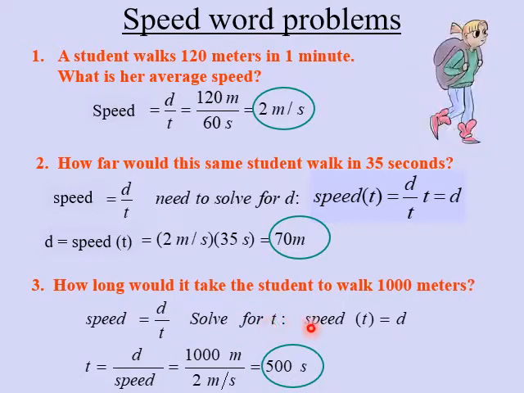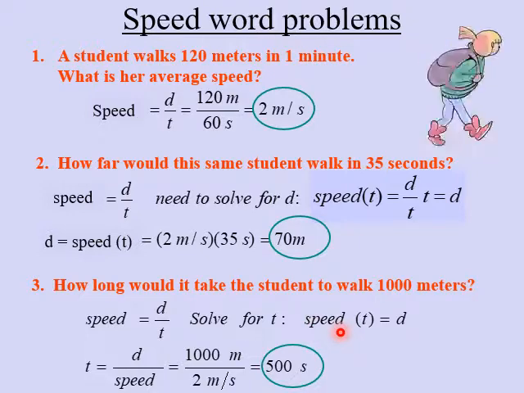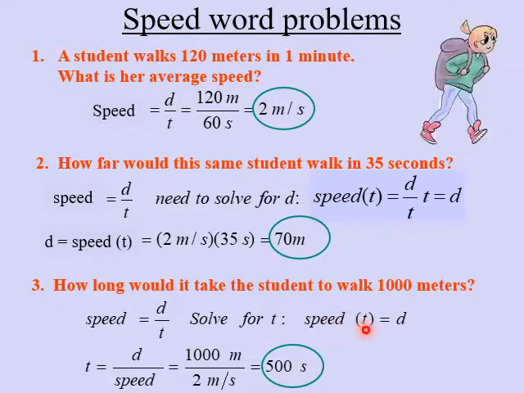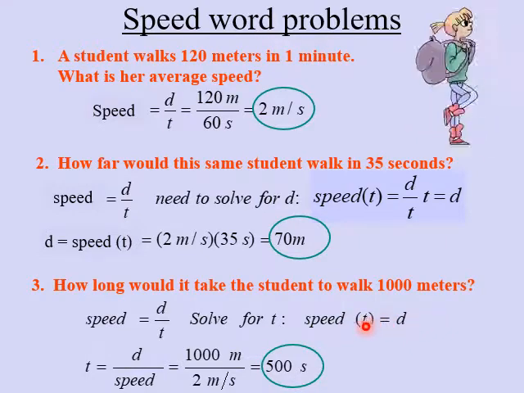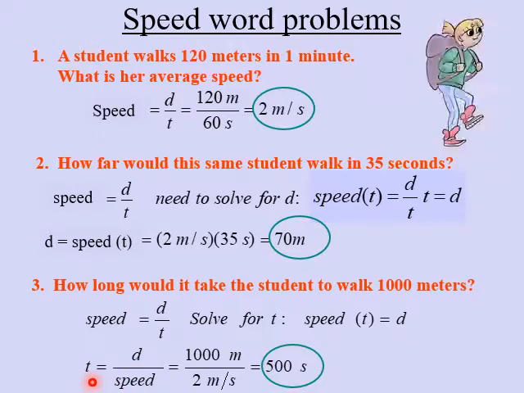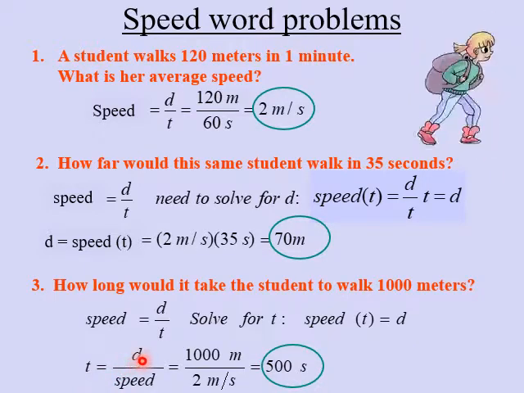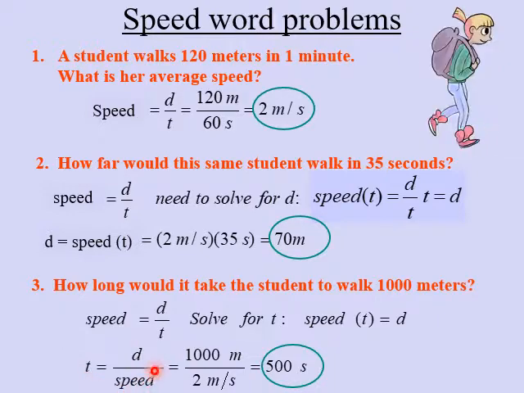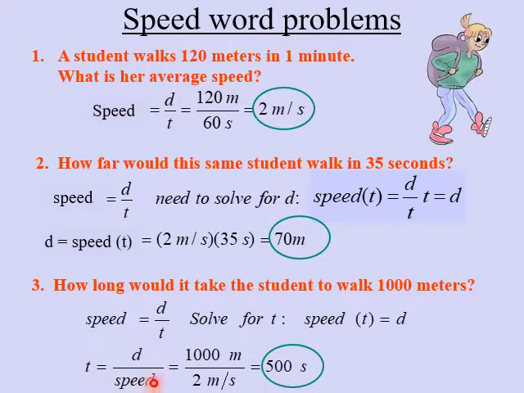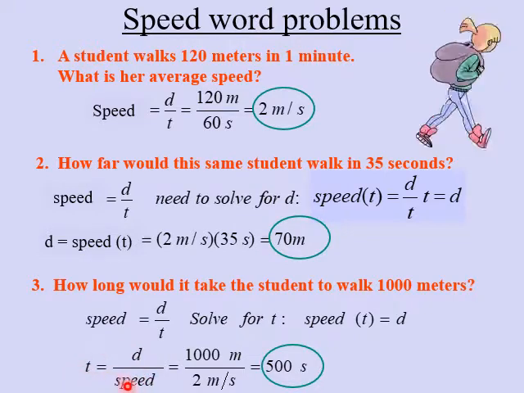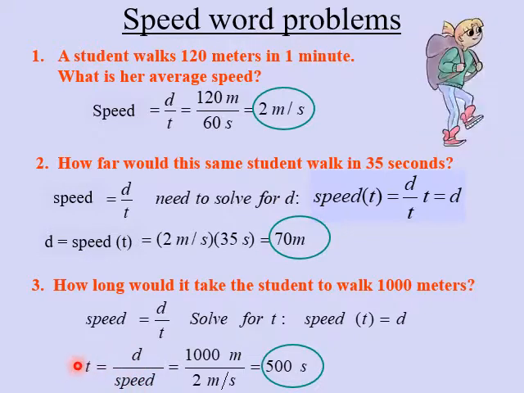So one way to do this, and there are a couple different ways to do it, but you can again multiply through by t. So we have speed times time equals distance, and then we can divide by speed, both sides, to solve for t. So time is equal to distance over speed. So here is a third version of our same equation that involves speed, distance, and time. In this version, we're solving it for t.